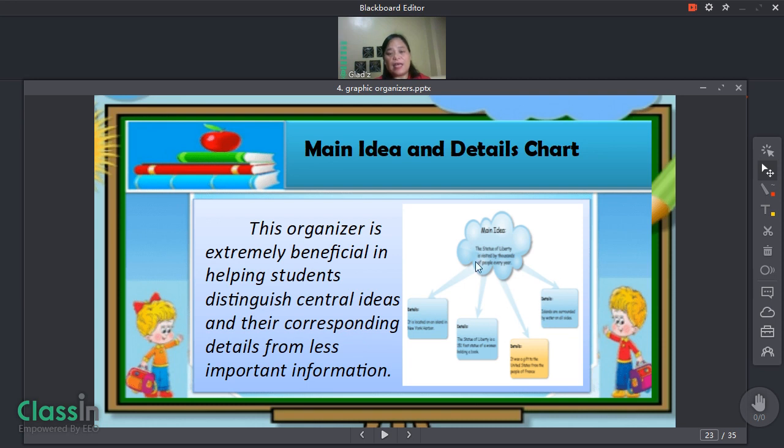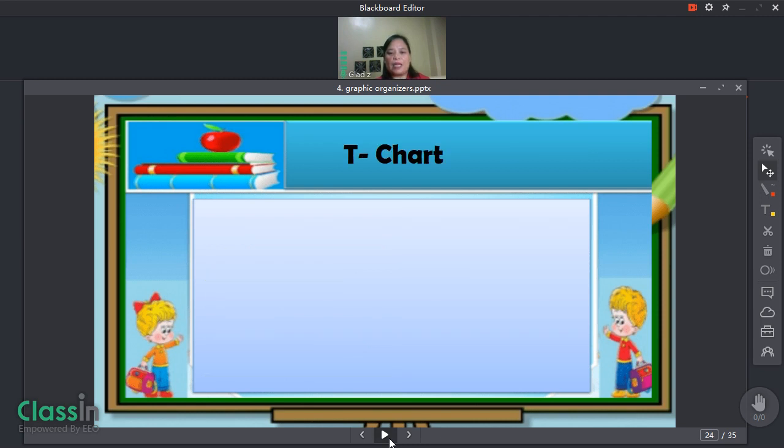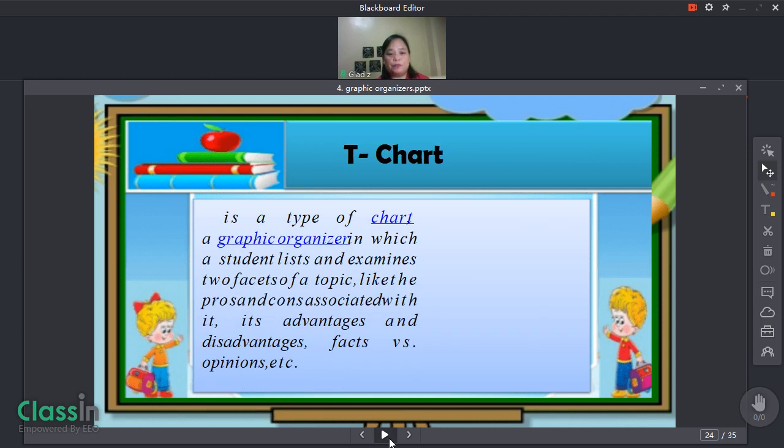Unlike with the cycle diagram, it branches out as long as they have information that can relate the central idea to other ideas. So that is the difference of the main idea and details chart with the cycle diagram or the concept map.